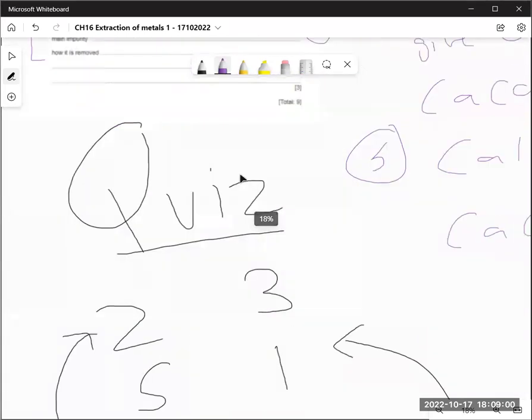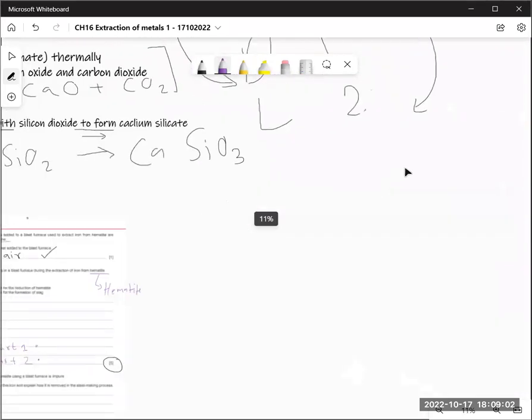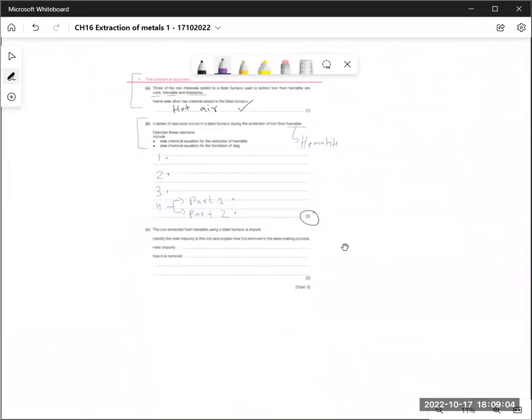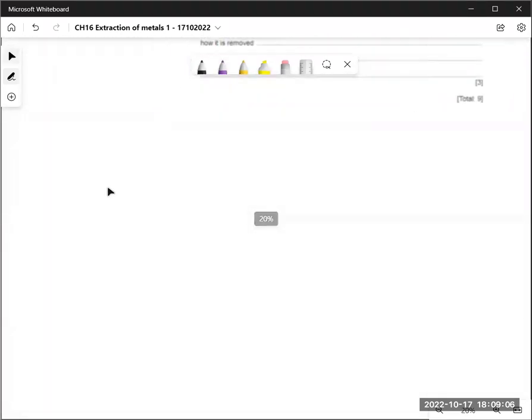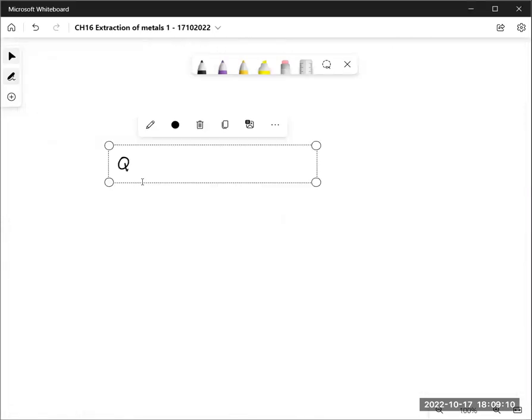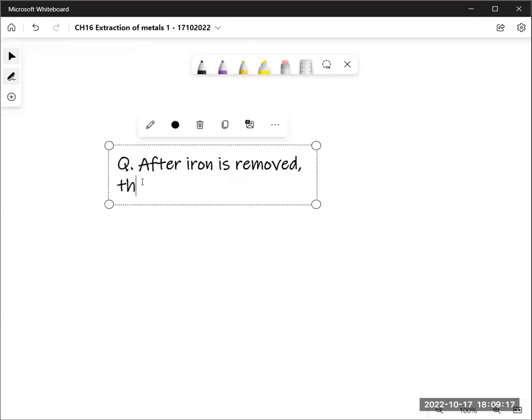I'm giving you a different question. And below this whole process, write question. The question is, after iron is removed, what is the main impurity when making steel?